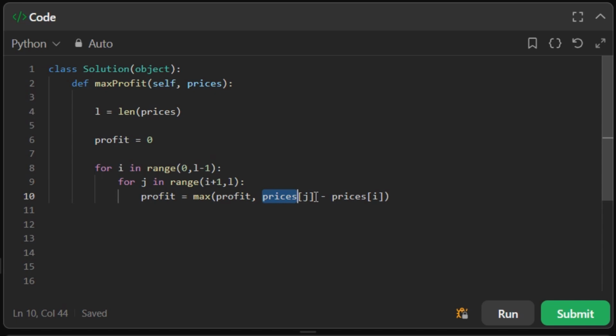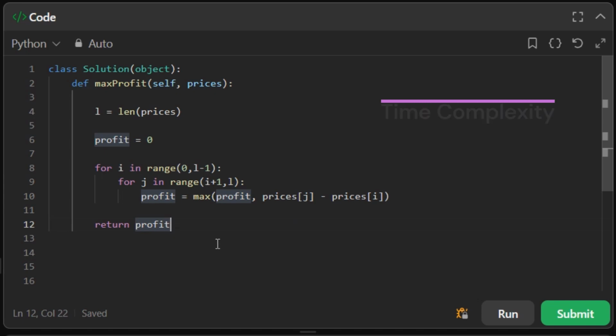Prices J would represent the selling price and prices I represents the buying price. The selling price minus the buying price is the total profit for that particular pair. And we are taking the maximum possible of it to update our answer. Simple. And we simply return the total maximum profit after all of this has been done.